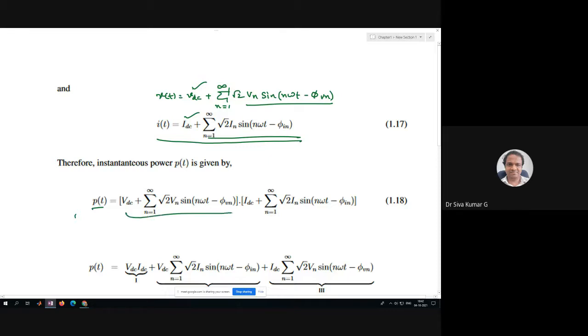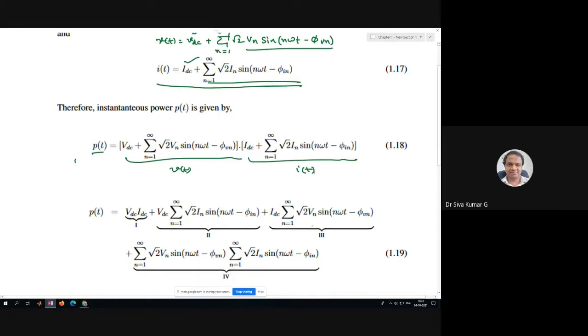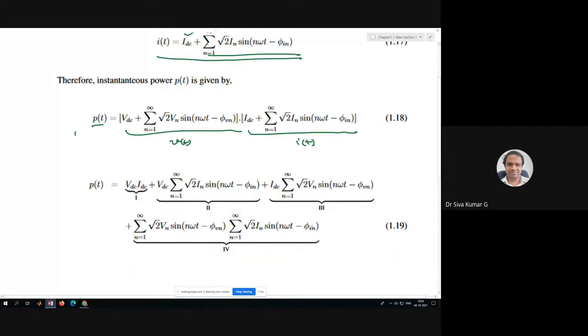It's about the voltage v of t, and this equation is i of t. Now VDC is multiplied with IDC, and VDC is multiplied with the current harmonics equation. Then IDC again is multiplied with the voltage harmonics equation.